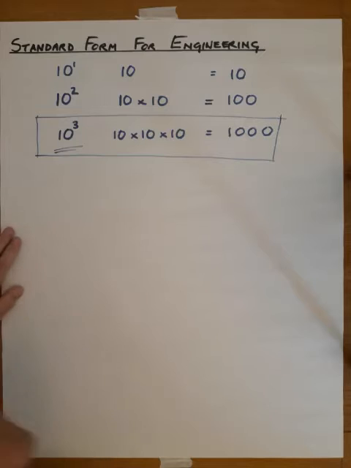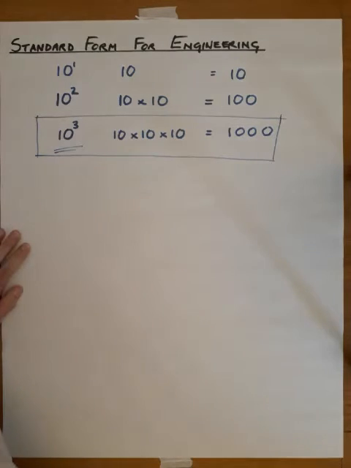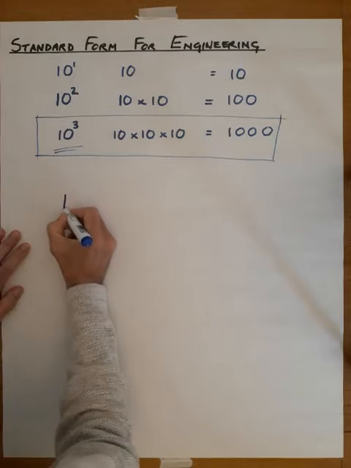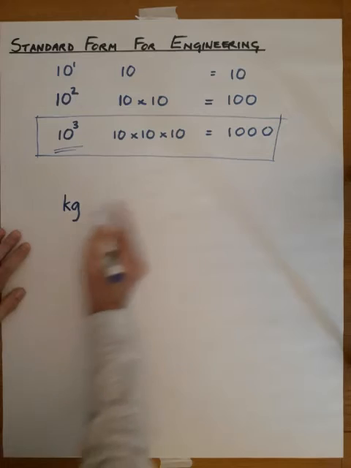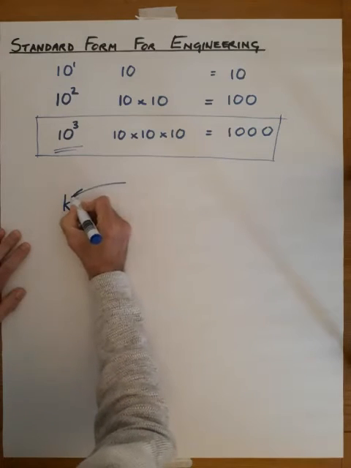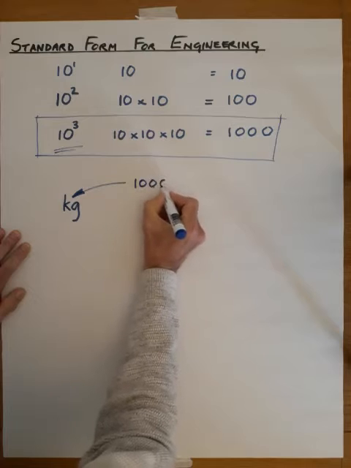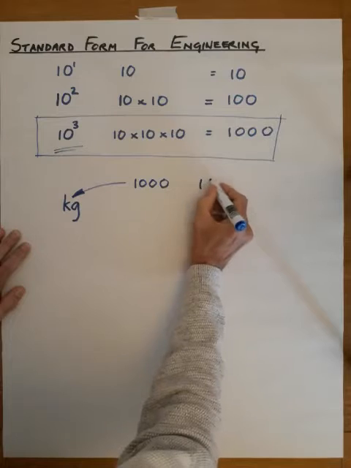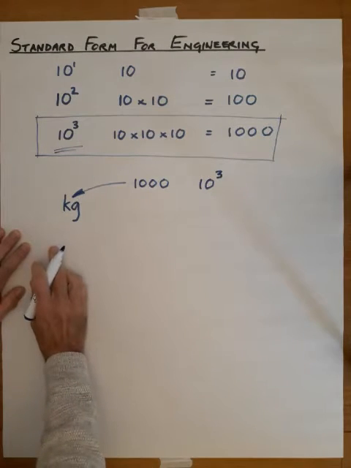Throughout our lives, we automatically use this number and we're unaware of it. For example, I may buy a kilogram of sugar. This letter K means 1,000. It's 1,000 grams, or 10 to the 3 grams.